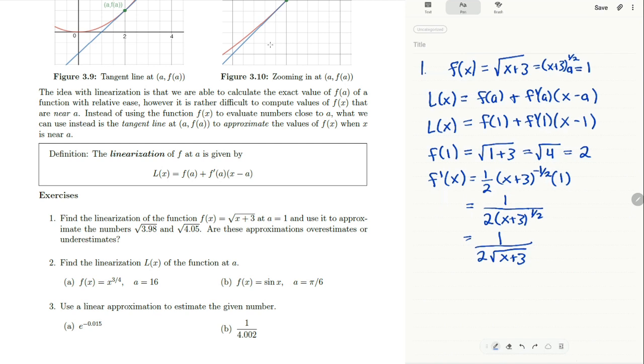So now we can calculate f prime of 1, which is 1 over 2 times the root of 1 plus 3, which is 1 over 2 times the root of 4. So that is equal to 1 over 2 times 2, which is 1/4.